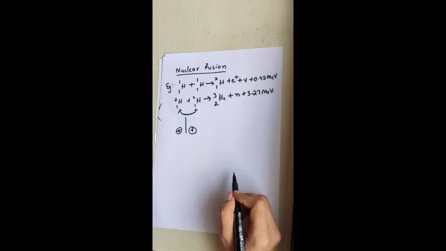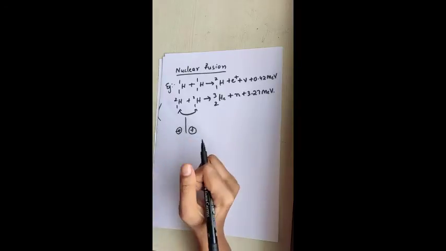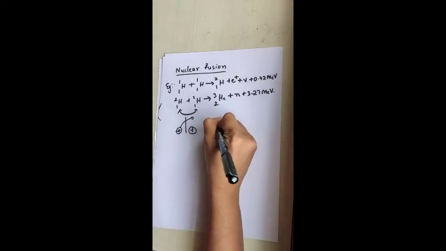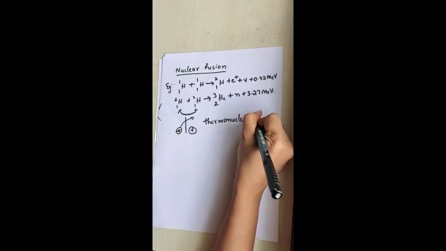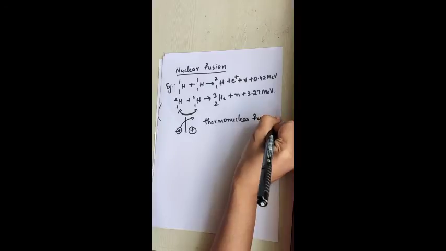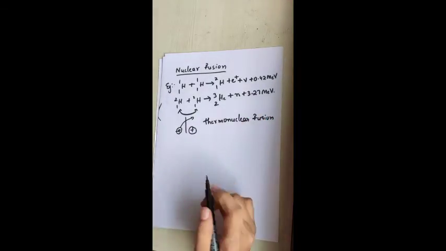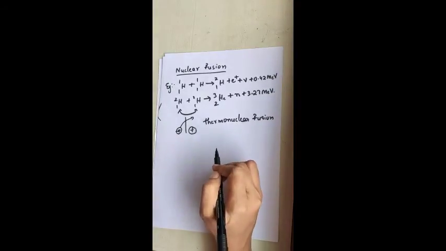When the fusion is achieved by raising the temperature of the system, so that the particles get enough energy to cross the barrier, we define this term as thermonuclear fusion. When the temperature increases, the nuclei get enough energy to cross the Coulomb barrier and therefore they fuse with each other.